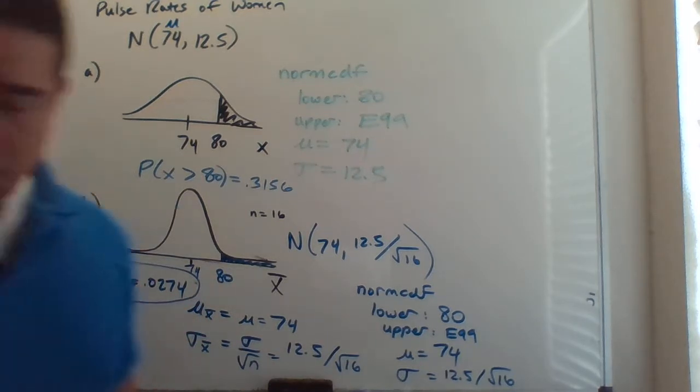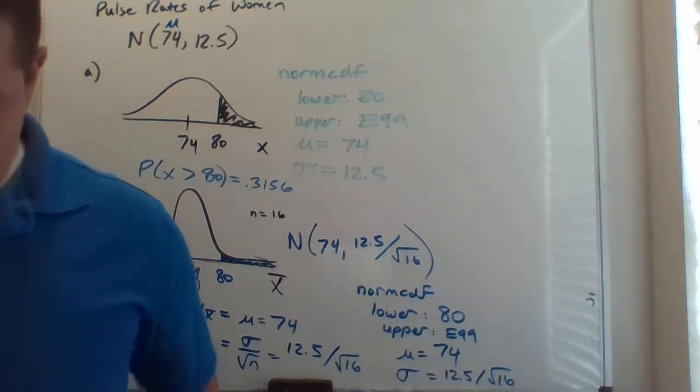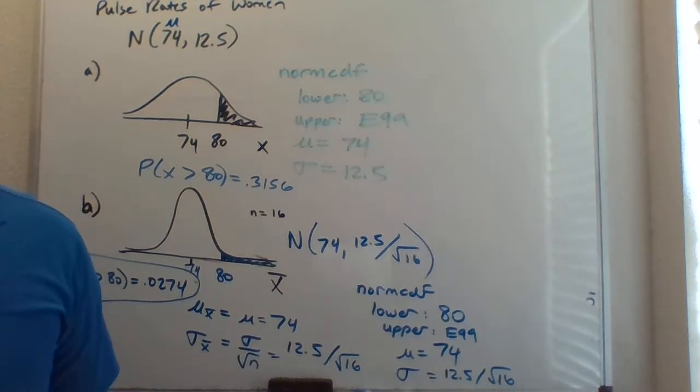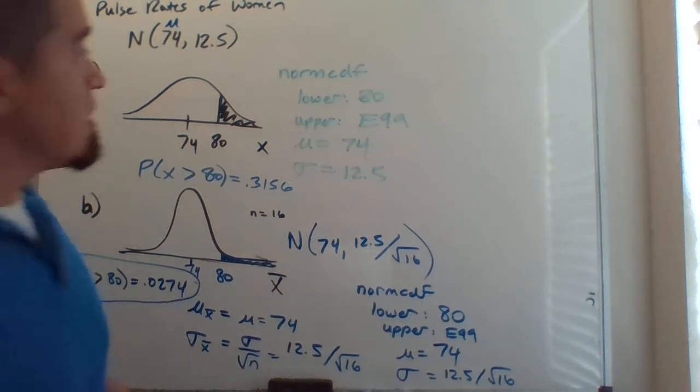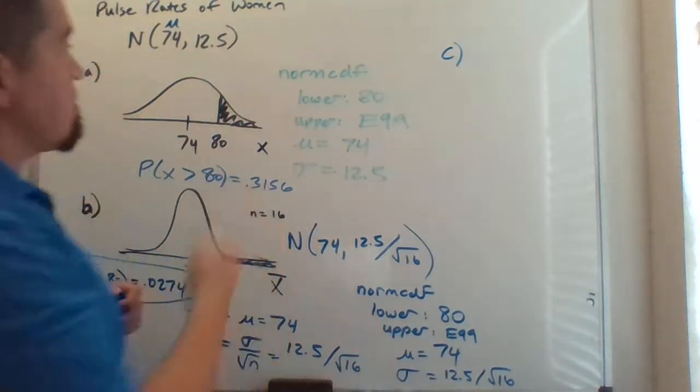Okay. All right. So we have one more on that one. It says, given that part B involves a sample size that is not larger than 30, why can the central limit theorem be used? And I kind of already mentioned that. Why can it be used even though this is a sample size of 16?